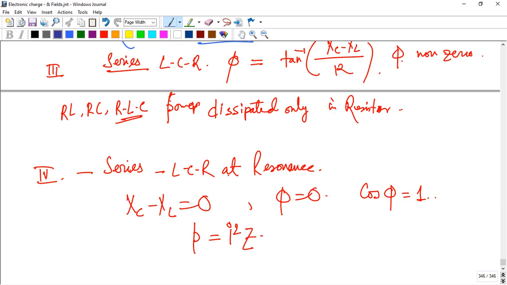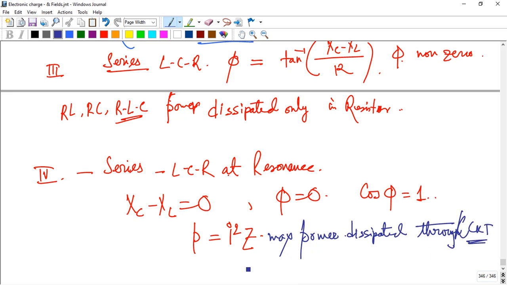Keep in mind, that's the max power dissipated through the circuit via the resistor R when at resonance. Okay, that's our syllabus.